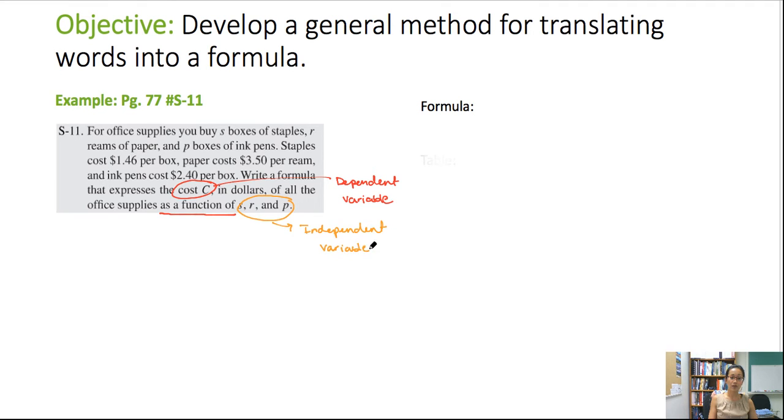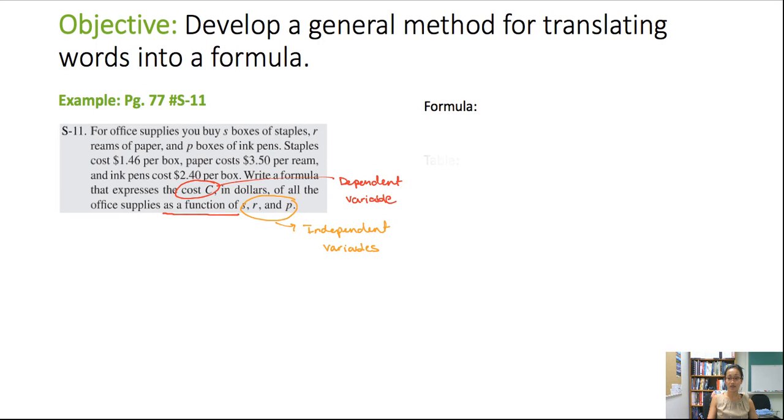So this function is defined as C as a function of S, R, and P. And we can write that using functional notation like this: C as a function of S, R, and P, where C is our cost, and then S, R, and P are what we said earlier, boxes of staples, reams of paper, and boxes of ink pens.